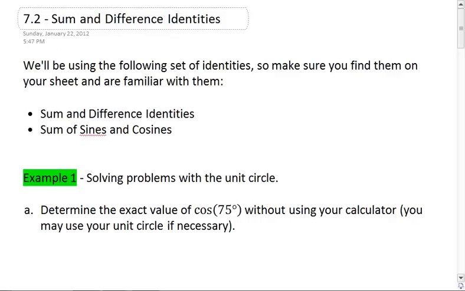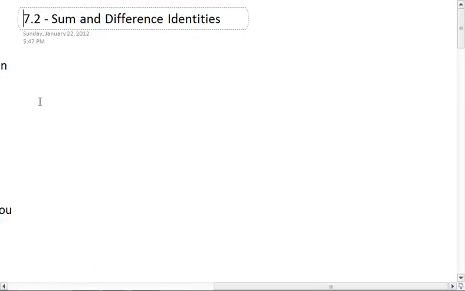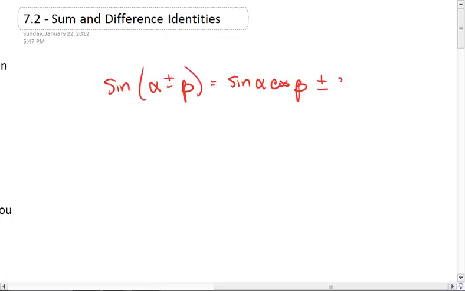What these identities say is the following. We're told that sine of some angle alpha plus or minus some angle beta equals sine of alpha cosine beta plus or minus cosine alpha sine beta.